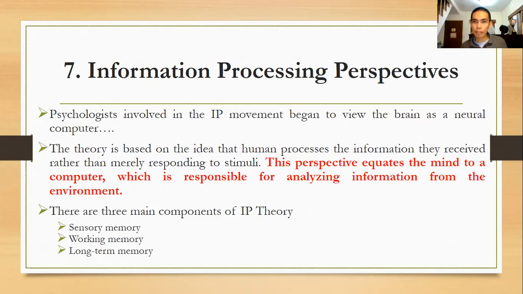While working memory, this is the information that we are going to rehearse or remember every time. This is so-called short-term memory. And long-term memory, this is the information that is already established in our mind and becomes remembered every time, okay?